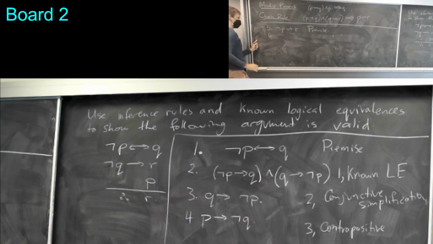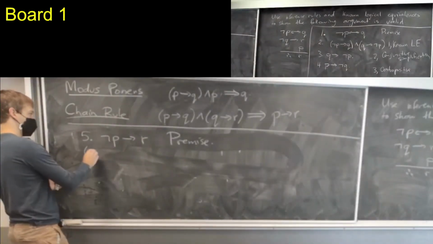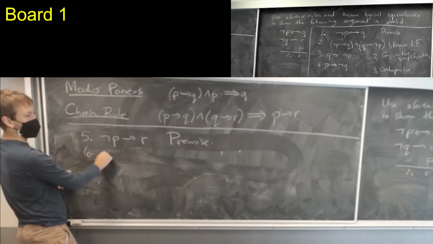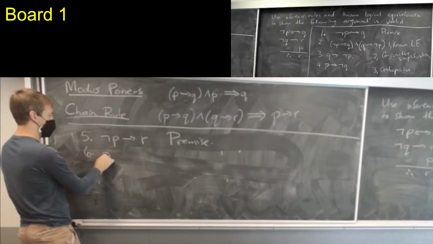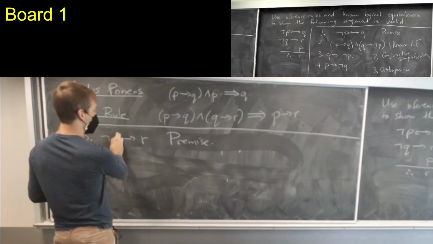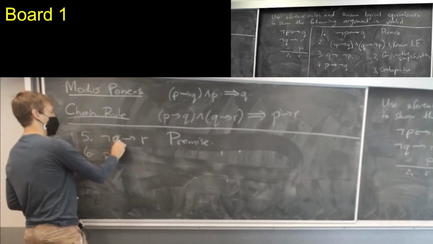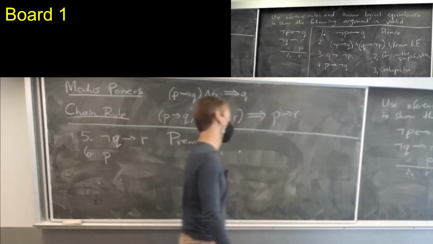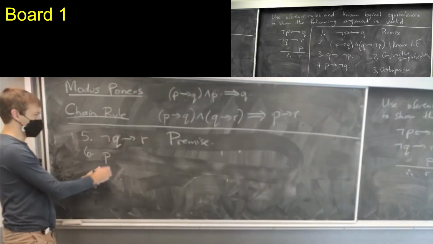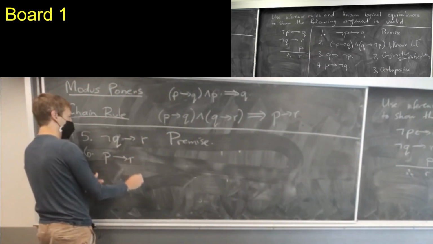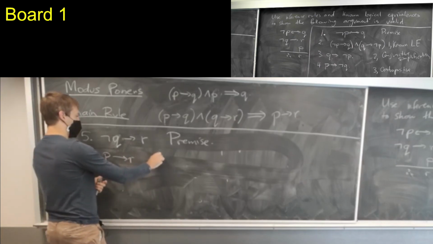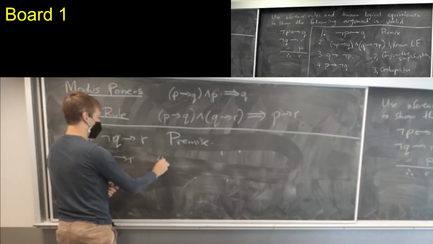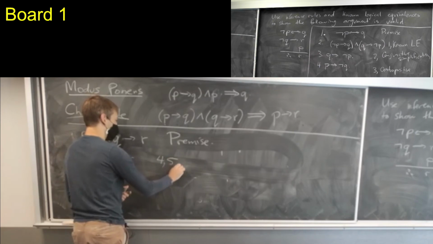And then the next interesting step is to do P, or sorry, did I mess this up? Yeah, sorry. This should be not Q. I'm writing down this premise, right? Not Q implies R. So now I can say that P implies R because of line 4, line 5, and the chain rule.